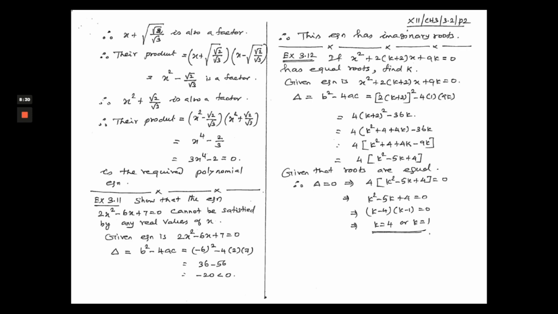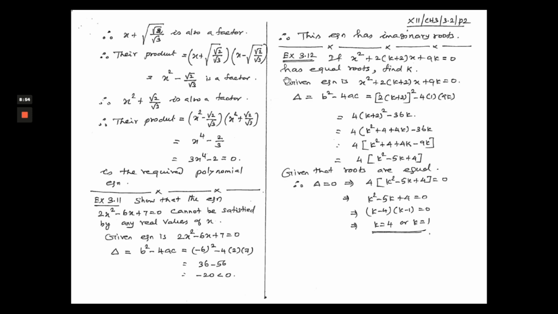That means this equation has only imaginary roots. That means there is no real root, that is, it cannot be satisfied by any real value of x. x is an imaginary value only. It has only imaginary roots, there is no real root, since delta is less than 0.